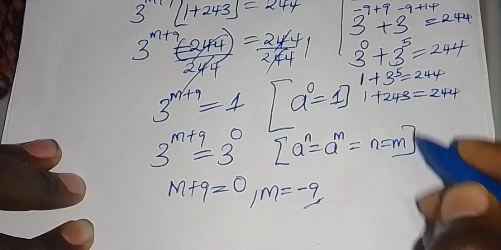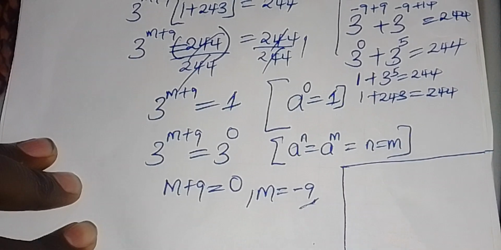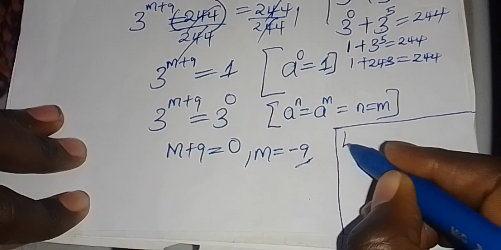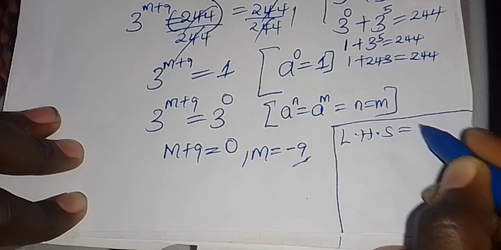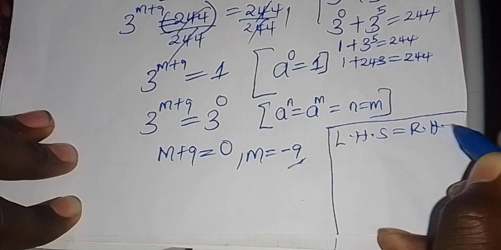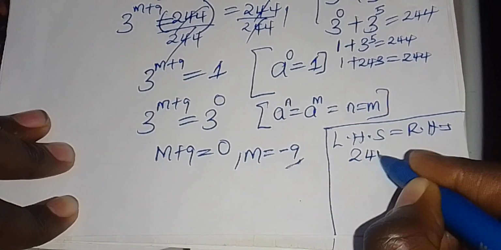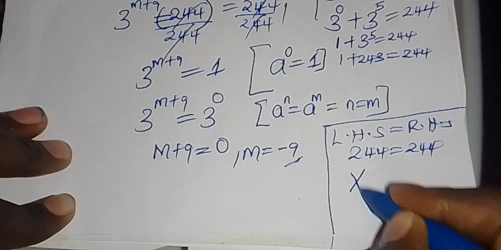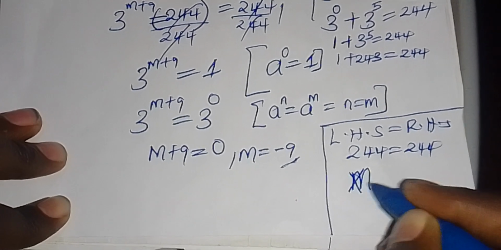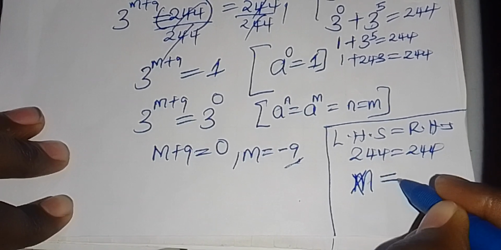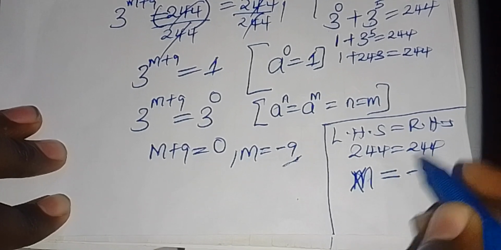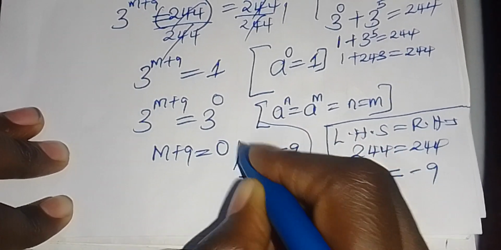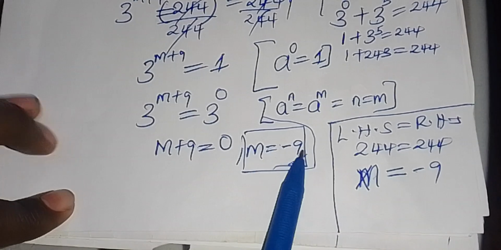Okay, therefore you can see clearly that the left hand side is equal to the right hand side. Okay, that means that 244 is equal to 244, and that affirms that the value of m is equal to -9.